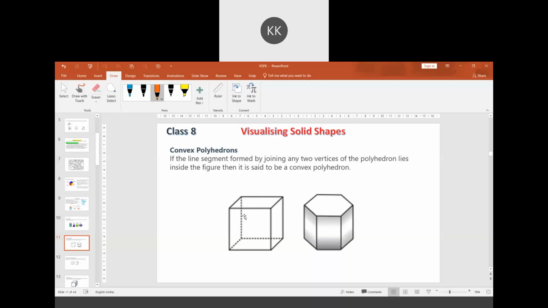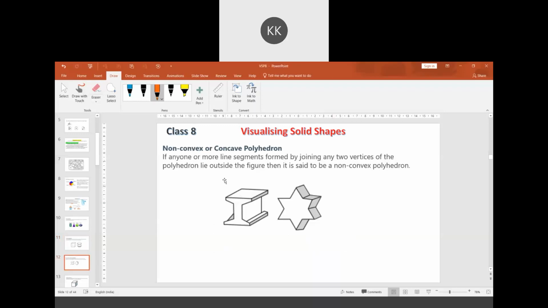It is not inverted. It is not bent in. It is bulged out. Such types are called convex polyhedron. Here you can see these are concave polyhedrons. Some of the faces are towards inside. They are bent in.